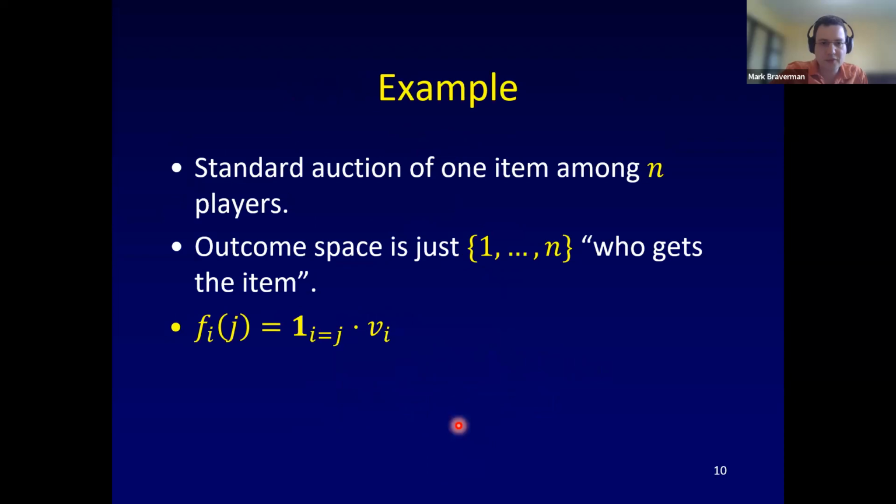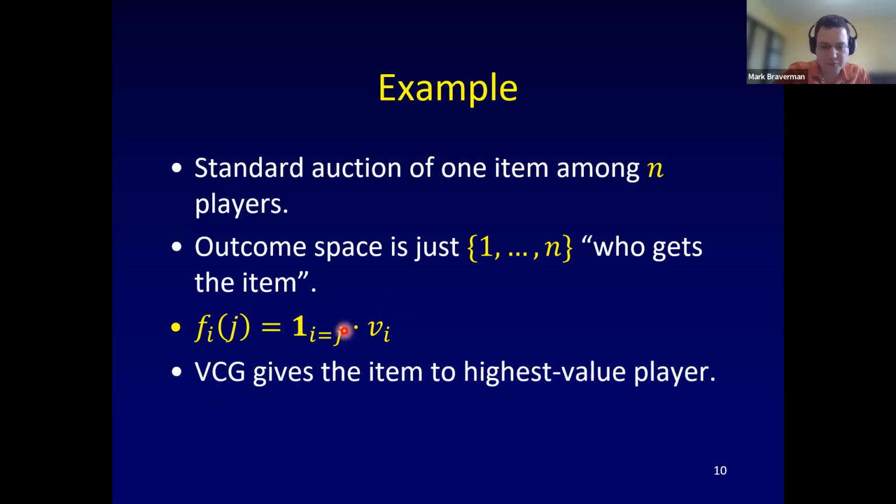The standard example for this is a simple auction, where there is one item and n players. The outcome space is just 1 through n, which is discrete in this case. If we don't use lotteries, it just says who gets the item. The utility of player i for outcome j is the value v_i if they get the item and 0 otherwise.